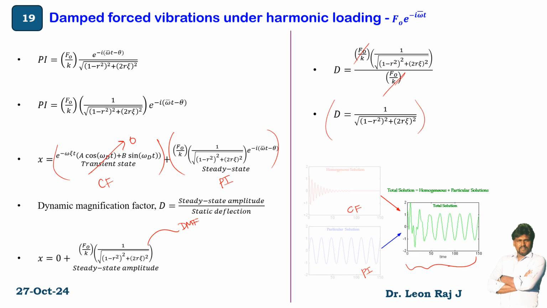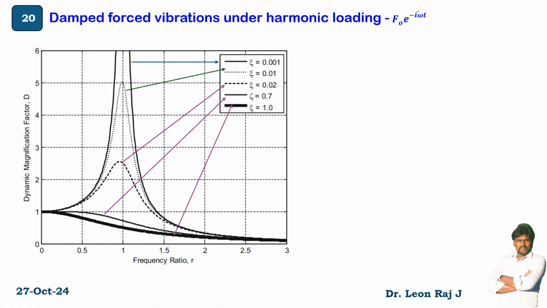So how this D varies with respect to the various damping ratios, I explained in the previous slide, the damped forced vibration responses under harmonic loading where the forcing function is f0 sin omega bar t.